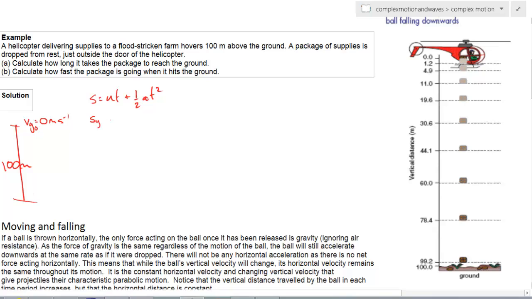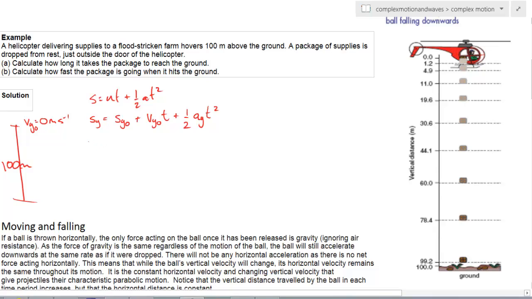So we're going to say S in the y direction is equal to Sy0, that's the initial displacement, plus Vy0, that's our initial velocity, times t, plus half a in the y direction, so that's the acceleration due to gravity just in the y direction, t squared.